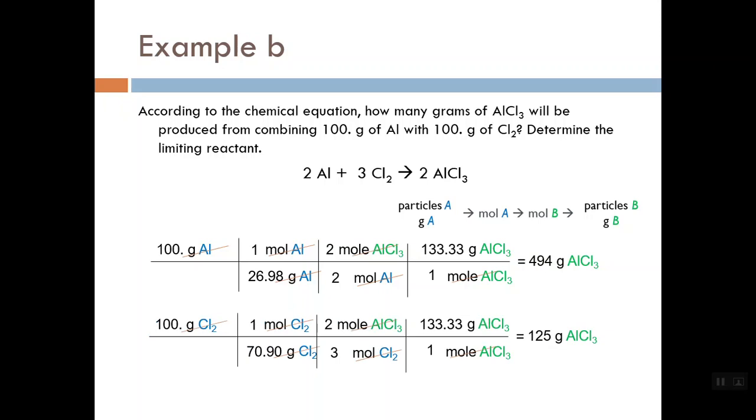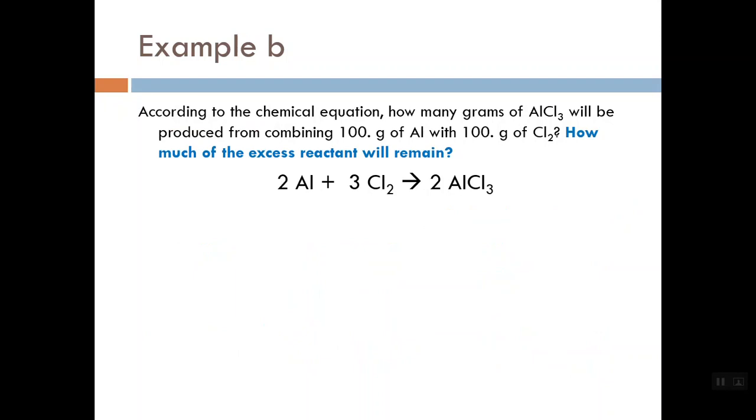So, what is our final answer? Our final answer is 125 grams of aluminum chloride. That is how much will be produced. That means the limiting reactant is chlorine, Cl2, and aluminum will be in excess.